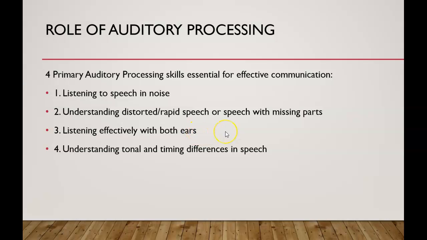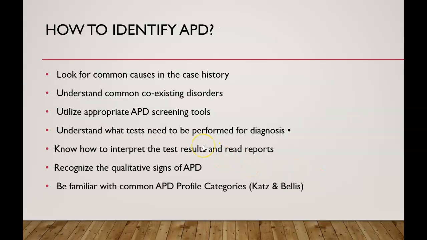So dichotic listening, binaural hearing, just means that the ears are presented with different information and our brain is able to sort out that different information and make use of it. And then finally, understanding tonal and timing differences in speech. So those are the 4 primary auditory processing skills that are needed for effective communication.